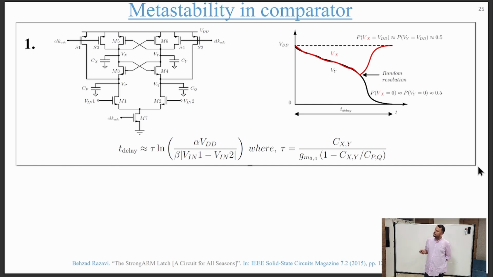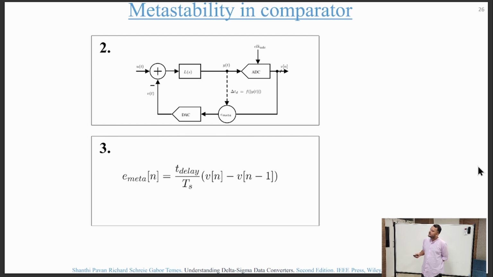So we can play with the time constant of the comparator used. We can use long-channel transistors, and we can load the nodes with a high value of capacitance to reduce the time constant, so that the likelihood of it going into metastability is reduced.